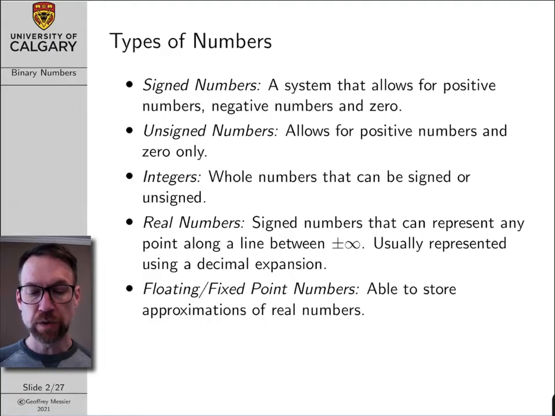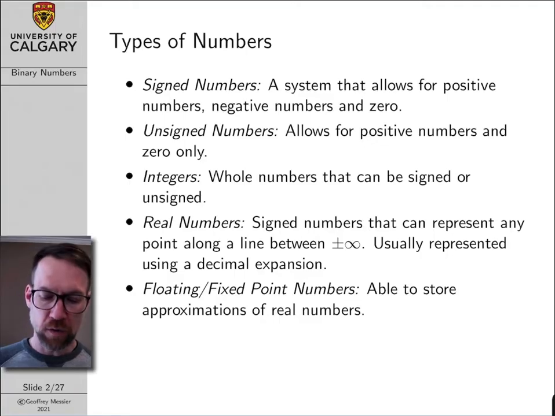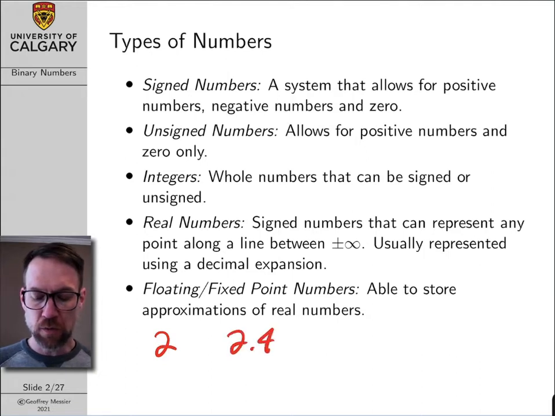Integers are whole numbers that can be either signed or unsigned. And real numbers are signed numbers that can represent any point along the line between plus or minus infinity. And we usually represent real numbers using decimals, right? So the number 2 would be an integer, 2.4 would be a real number, negative 0.8 would be a real number, and so on.